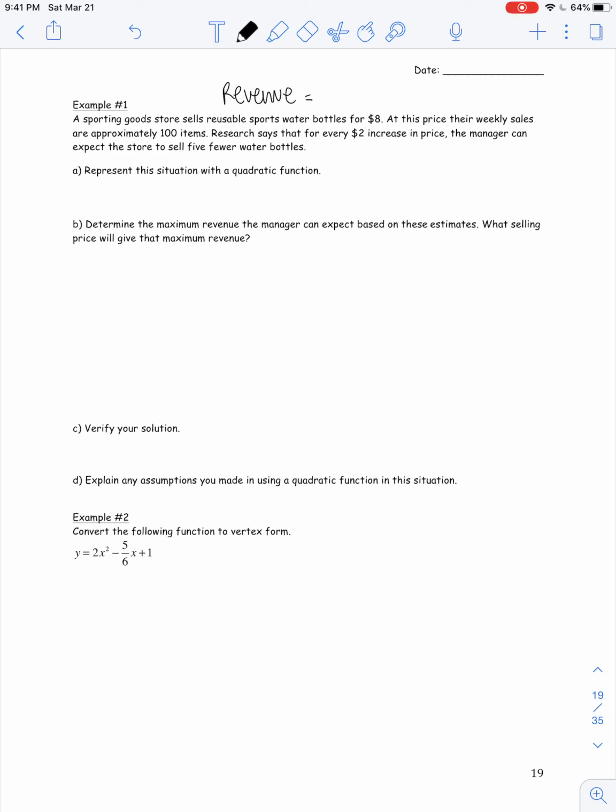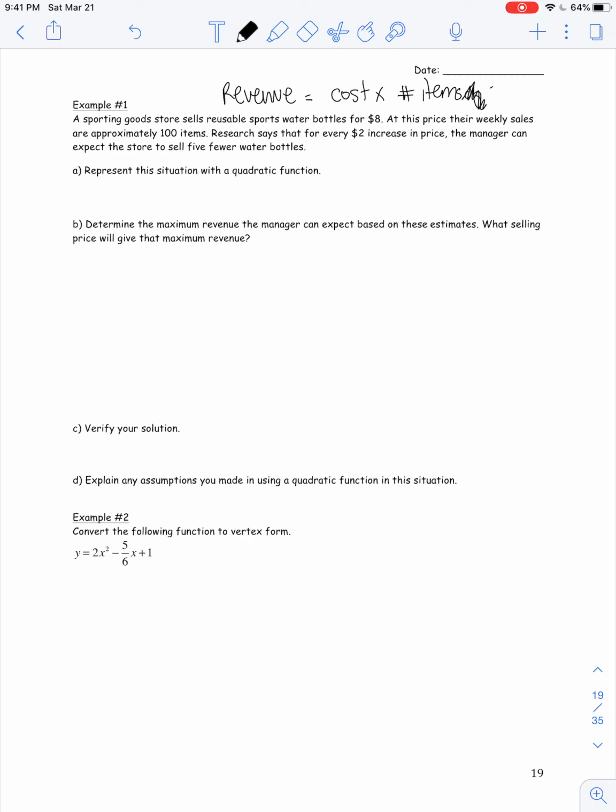Revenue is always equal to the cost times the number of items that you sell. So number of items. So the cost times number of items.